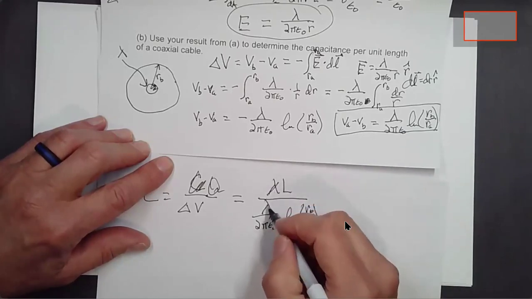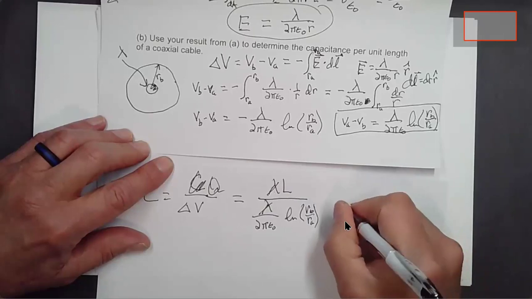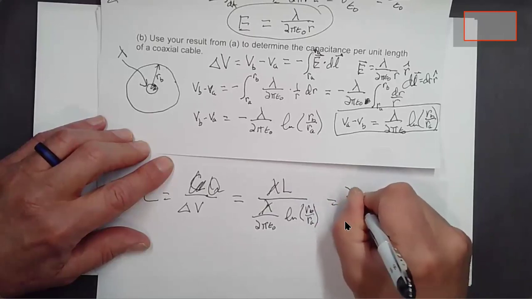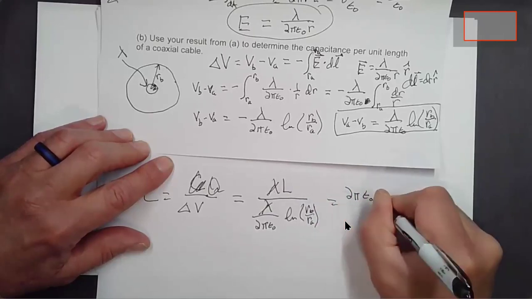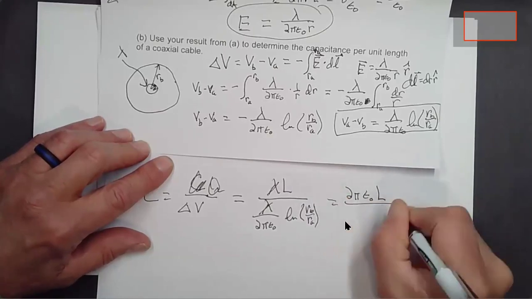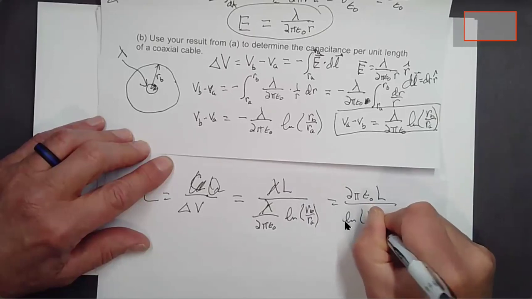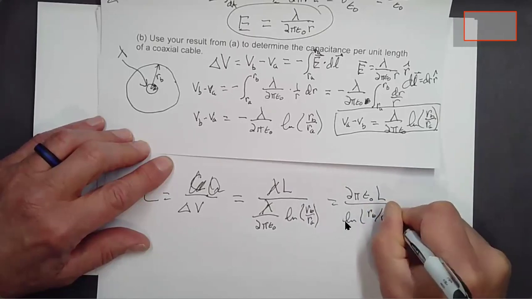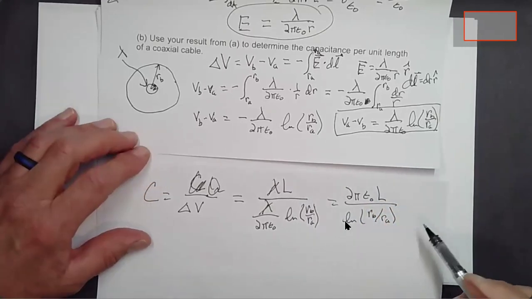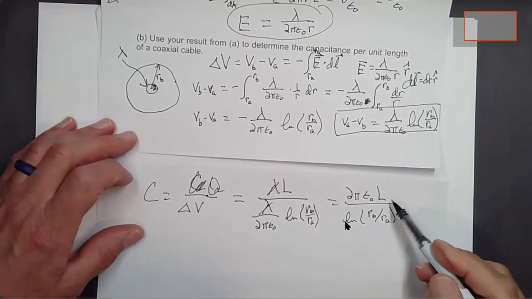The lambdas divide out, and I'll have 2 pi epsilon naught L divided by that natural log of RB over RA. So, okay, now that's the capacitance of some length.